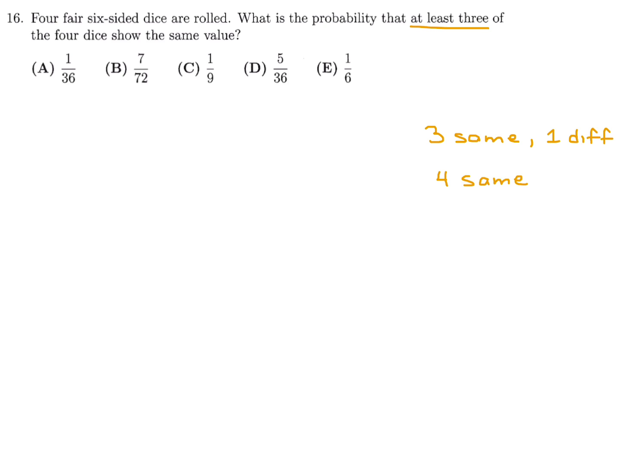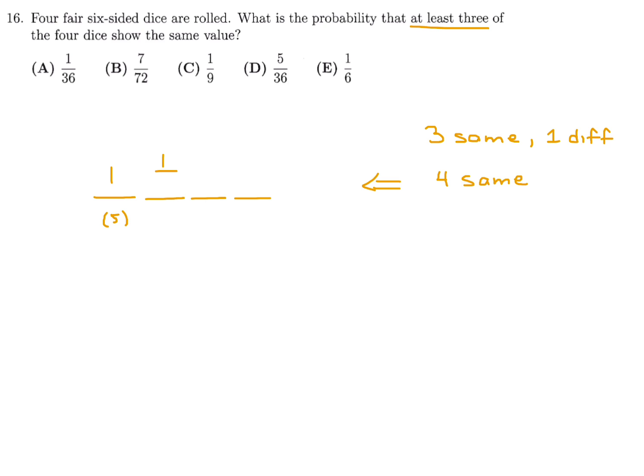All right. So what is the probability? First, let's talk about all 4 the same. Well, the first die, we basically are going to choose some number. So that's fixed. Whether we choose a 5 or a 3. And then the other ones, if this was, let's say, a 5, the other ones have to all be 5s.